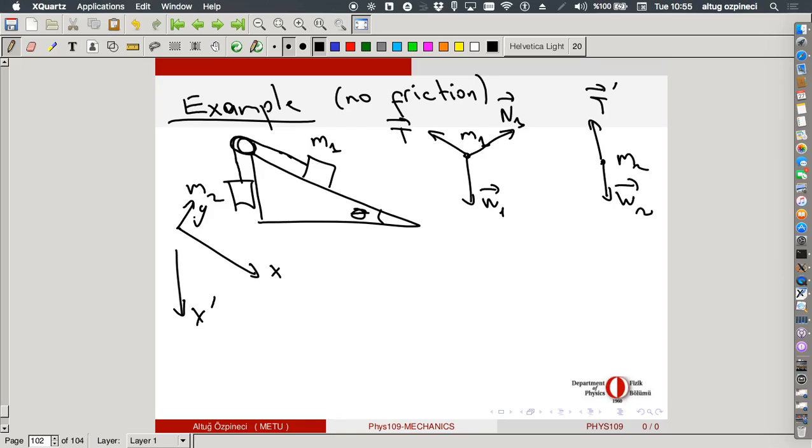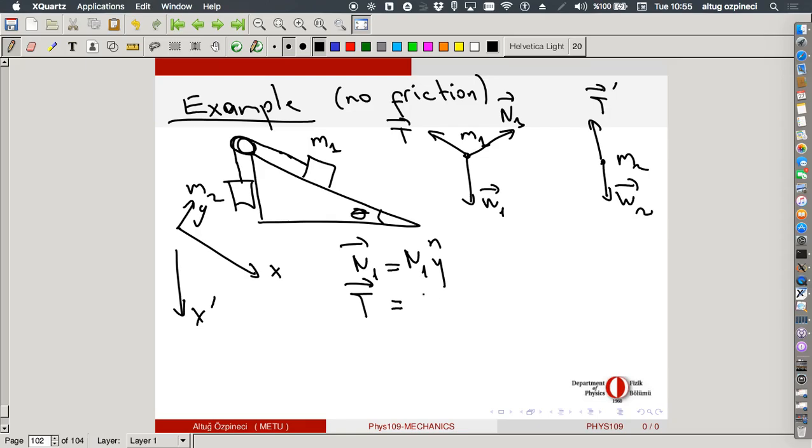Now let's start with the free body diagram of the first mass. For the first mass, I will be using these axes. Now n1, in terms of its components. We don't know its magnitude yet. It's n1 in the y direction. Now for T, I don't know its magnitude. I don't know the tension. That is one thing we have to determine, the tension on the string.